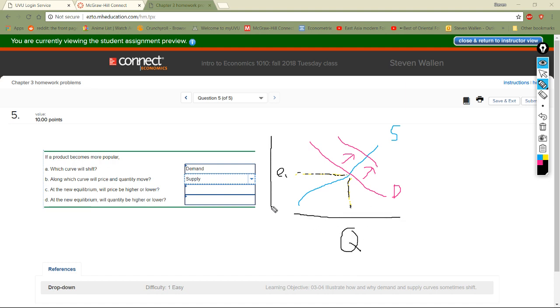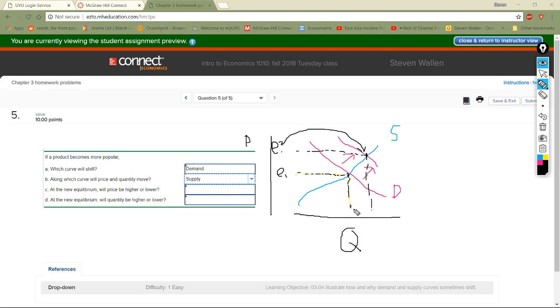This entire area over here will be your price area. And our new one is going to be over here. This is our new E2. I put it off to the side here. Normally you'd label it right on the point, but it gets kind of messy. So this is E1. This is E2.